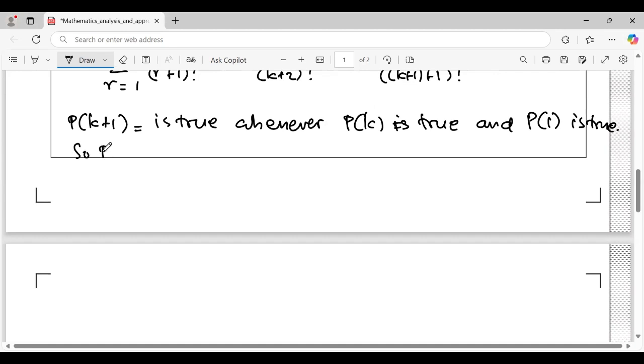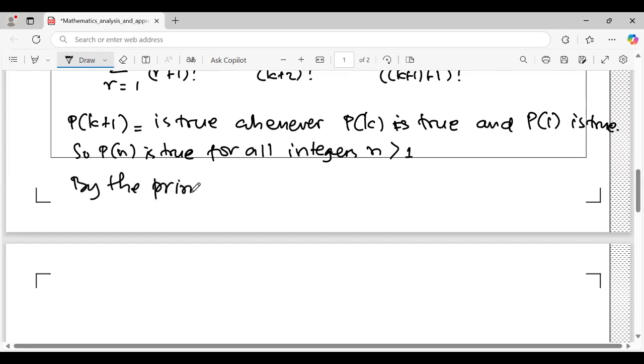So P(n) is true for all integers n greater than or equal to 1 by the principle of mathematical induction.